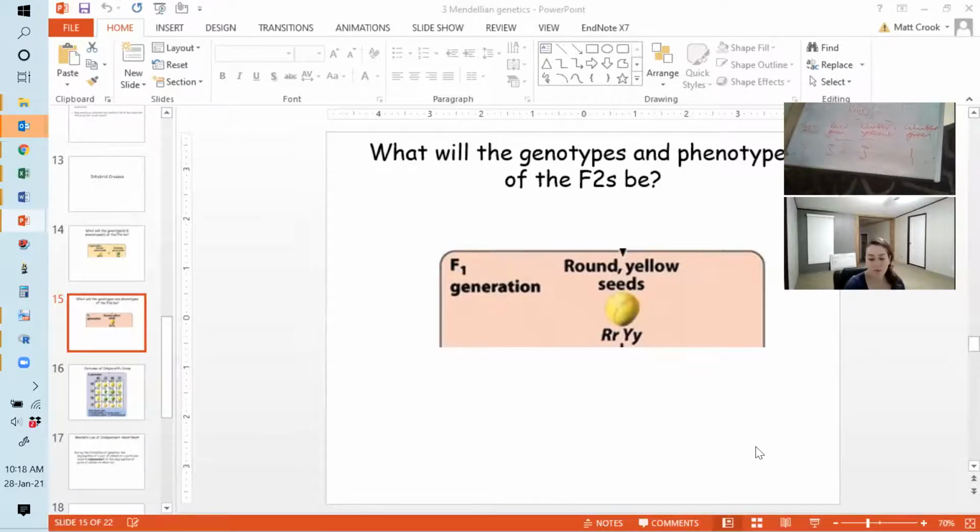So essentially 9/16 of the seeds produced will be round and yellow. So if you scored 160 peas, you would expect that 90 of them would be round and yellow, 30 would be round and green, 30 wrinkled and yellow, and 10 of them wrinkled and green. Those would be the expected values that we would use for your chi-squared test.